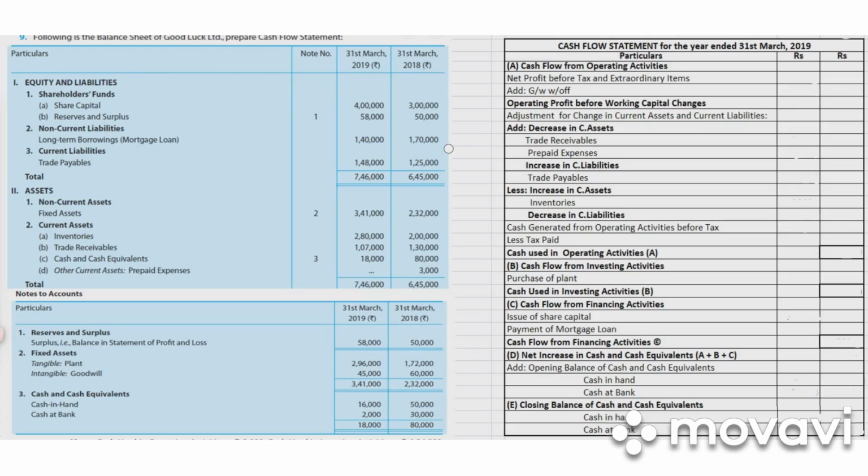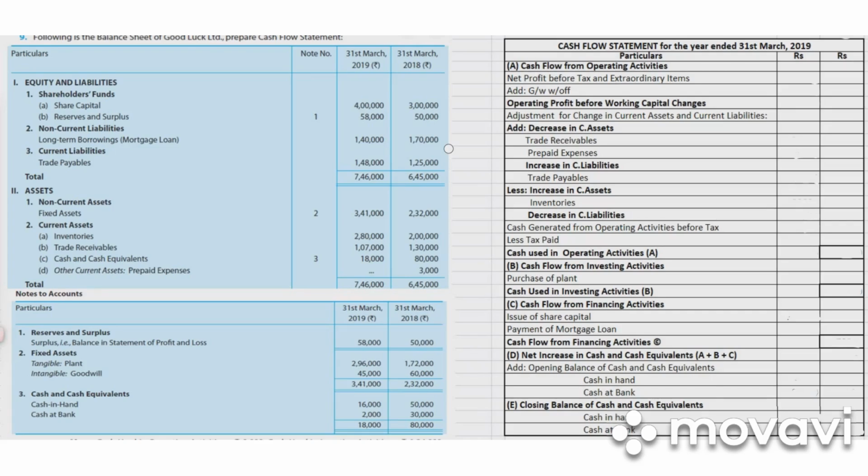Cash flow statement preparation is mandatory for joint stock companies, and in this statement the flow of cash, whether it is cash inflow or cash outflow in a particular company, is very clearly shown under different headings, that is under operating activities, investing activities and financing activities.